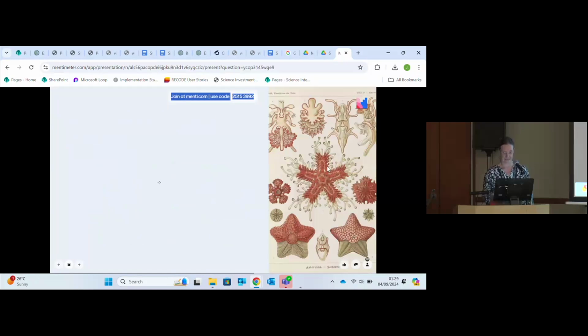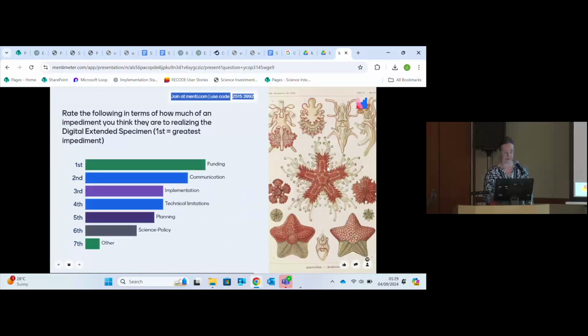So here we are asking you to rate: what is the most important impediment to making progress? And then rate these proposals that we have given you. The most important impediment is funding.